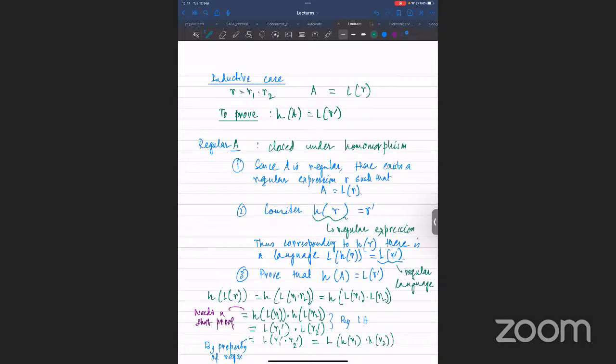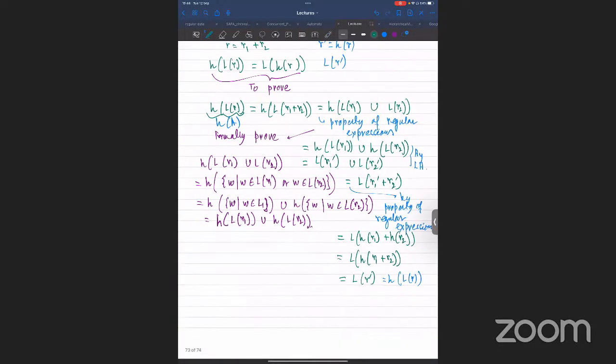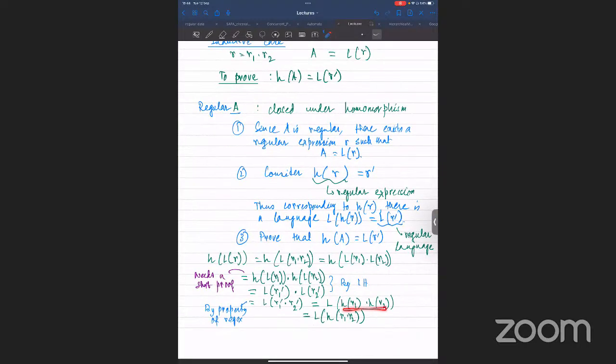So this is how you are doing this. And by the property of the homomorphism, this is H of R1 dot R2, right? So you are applying the homomorphism on the components and concatenating. It's the same as putting R1 dot R2 together and then applying the homomorphism. Yeah, we did it for plus also, right? It's this step: H of R1 plus H of R2, the same as H of R1 plus R2. We are exactly doing it. So similar steps: H of R1 dot H of R2, the same as H of R1 dot R2.